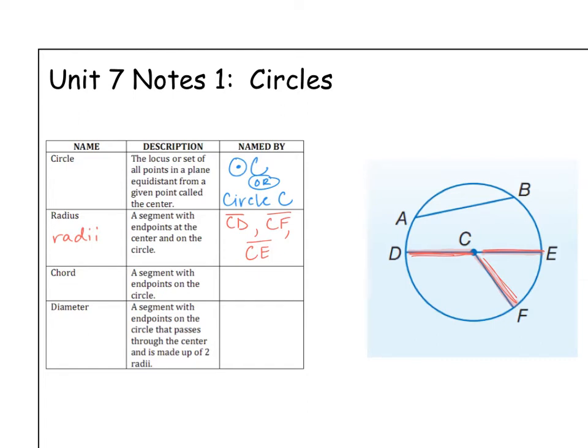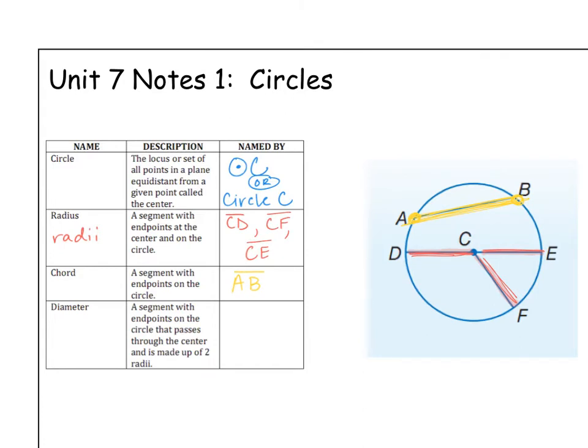All right, next we have chord. A chord is a segment with endpoints on the circle. So let me highlight a chord here. This right here in yellow, that's a chord. It goes from one side of the circle to the other side, and both of its endpoints are on the circle. So an example would be segment AB.